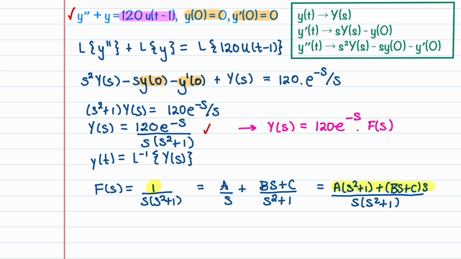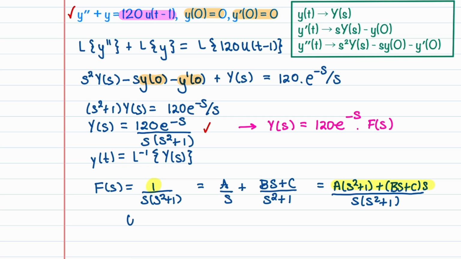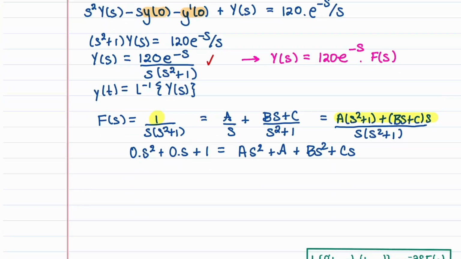To make things easier, I'm going to write the 1 as 0 times s squared plus 0 times s plus 1. And let's multiply out the right-hand side. This is As squared plus A plus Bs squared plus C times s.